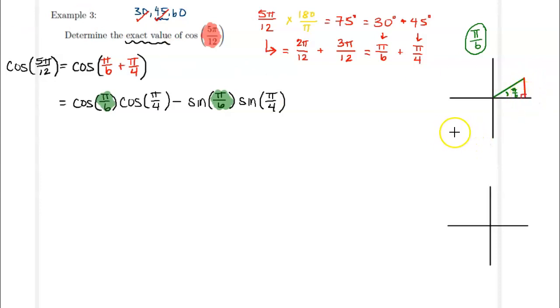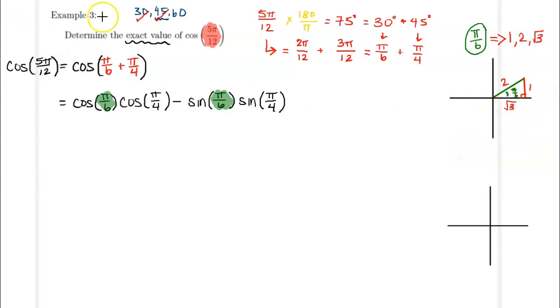And I label my sides. Now, because this is a pi over 6 triangle, that means it's a 1, 2, root 3 for my ratios of my sides. Well, I know the 2 is always the hypotenuse, and I know the smallest angle is opposite the smallest side, leaving this guy down here to be root 3.